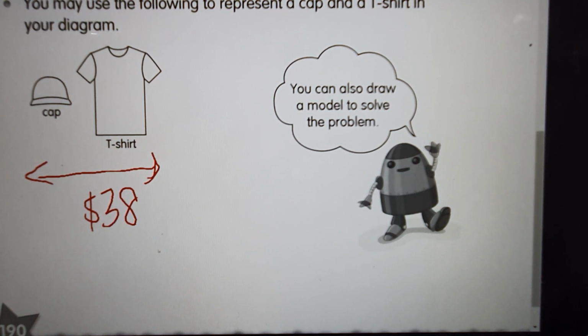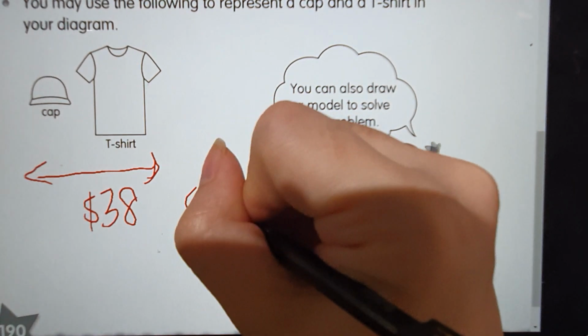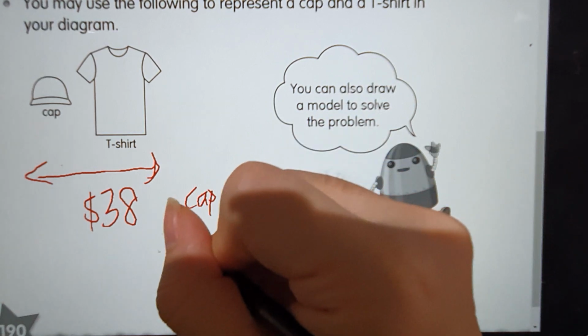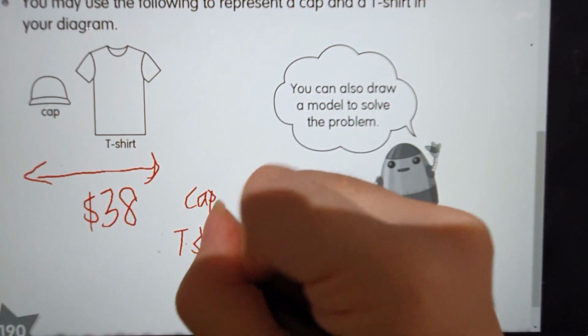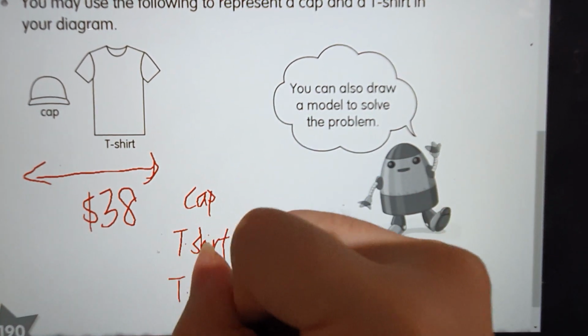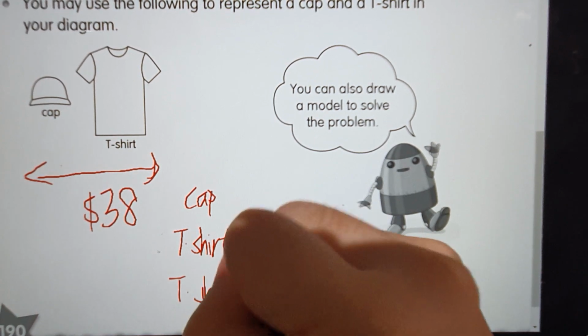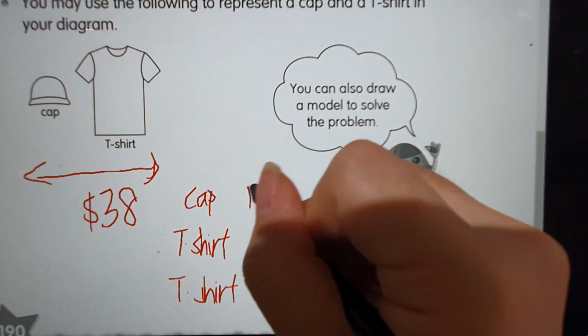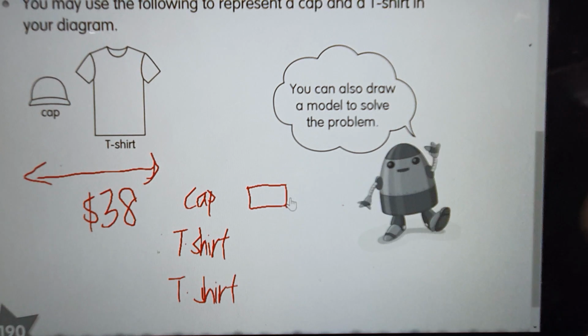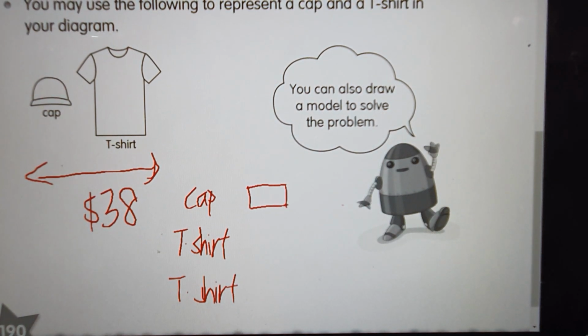Why not we draw a model for this question? I have a cap, I have a t-shirt, and I got another t-shirt. Let's say the cap costs this amount. Do you think the cap and the t-shirt will cost the same amount?